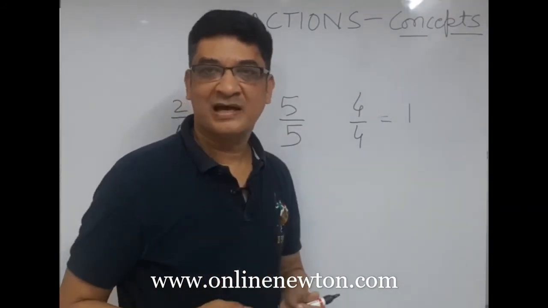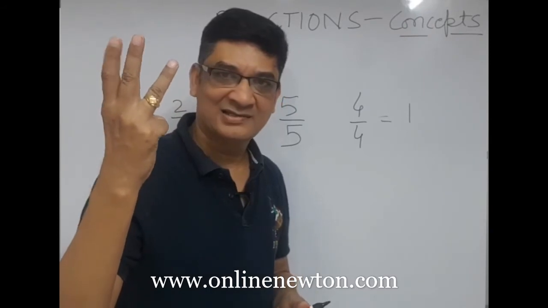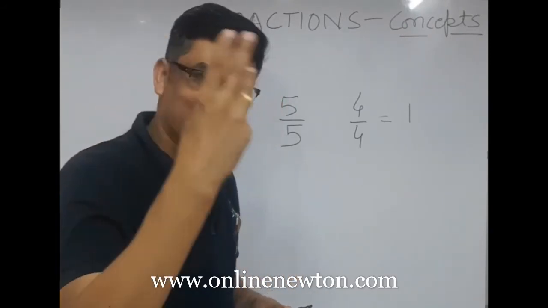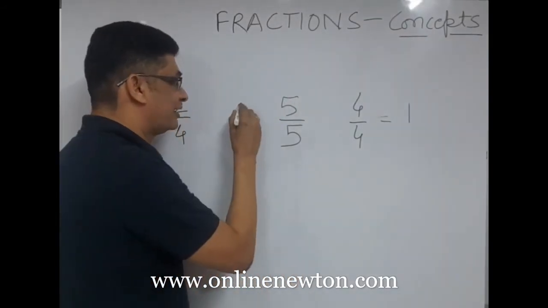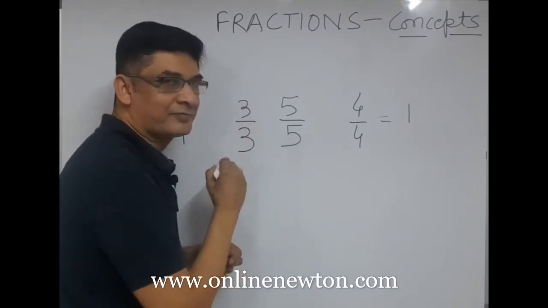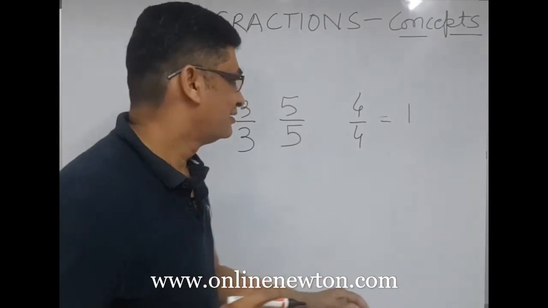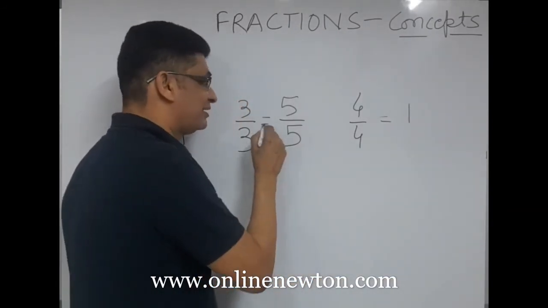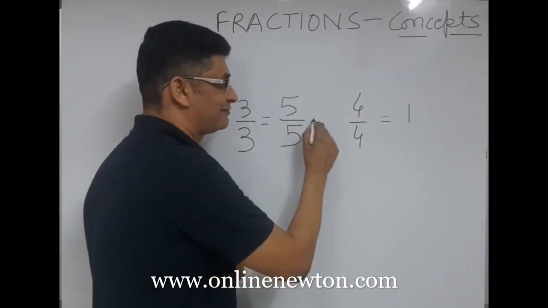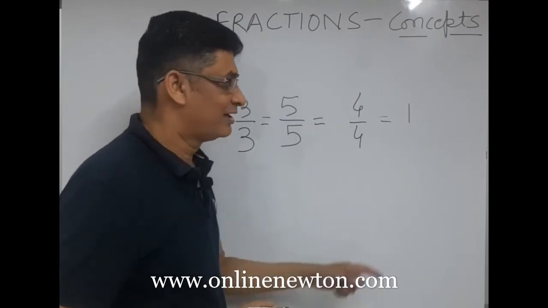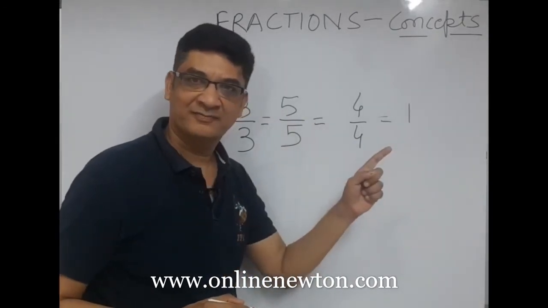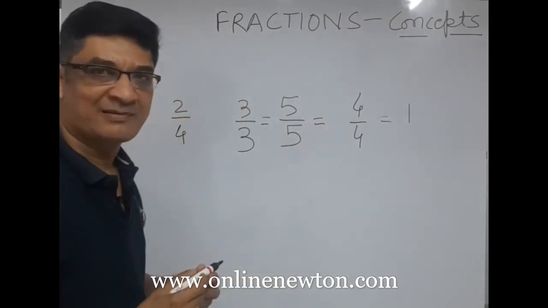Or if the apple was cut into 3 equal parts and all the 3 parts were given to her, we would have called it 3 by 3. But actually we have given her one complete apple. It means 3 by 3 is same as 5 by 5, is same as 4 by 4 and is same as 1. Let's take up one more example.